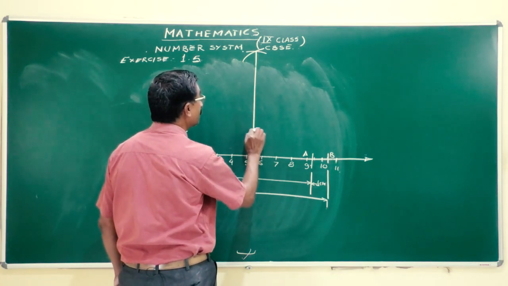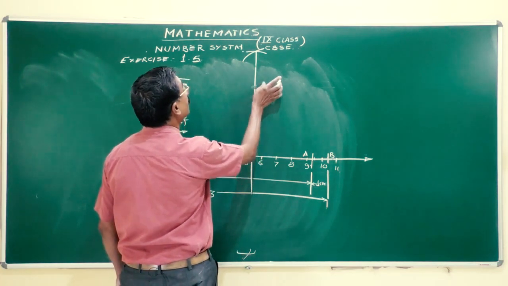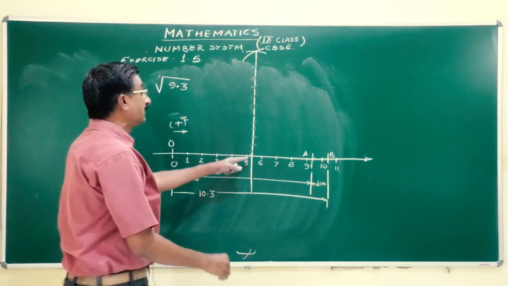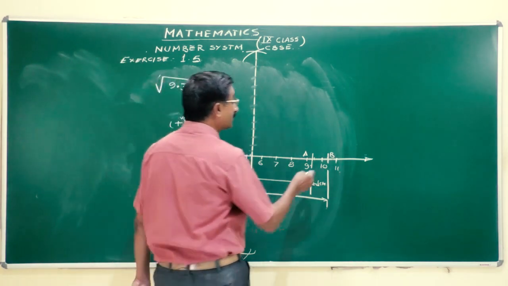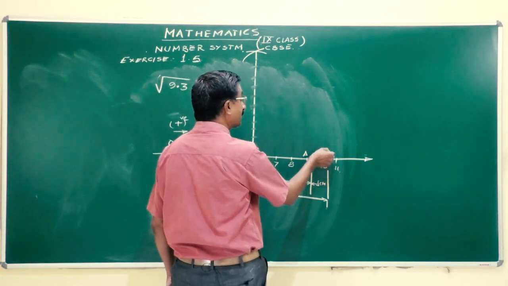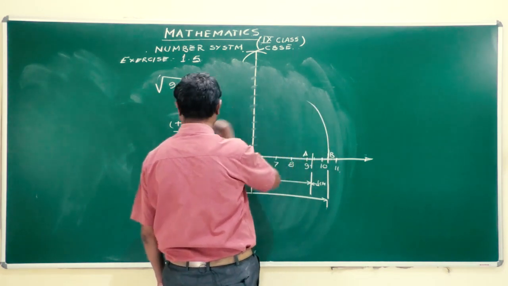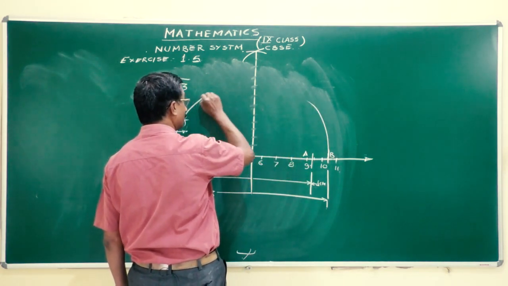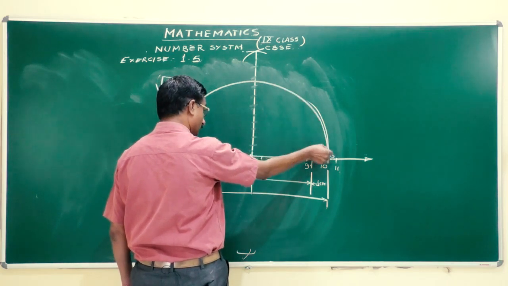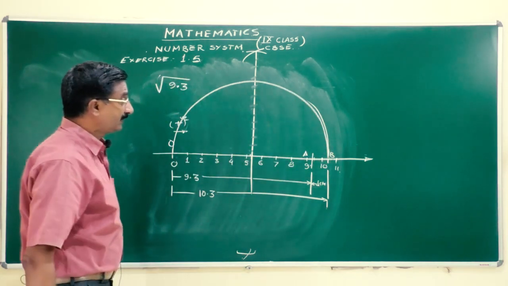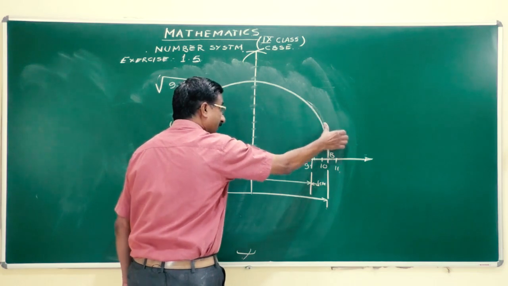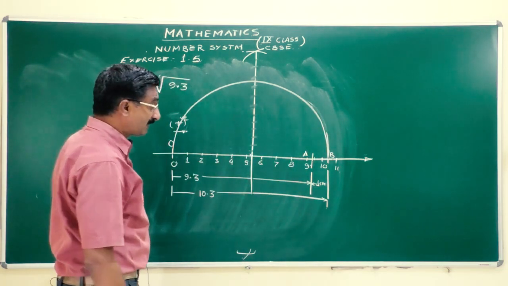Clear? Like this you will get the center. So using the center, draw a semicircle. Now what is the next step?